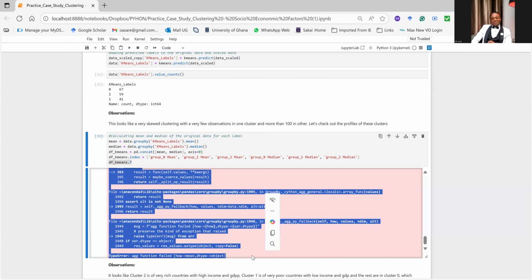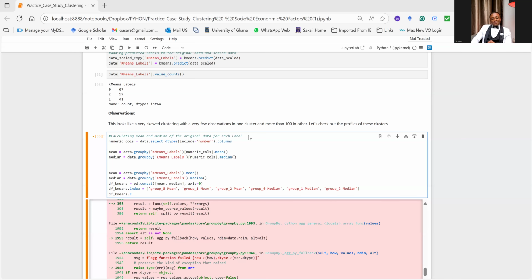What it simply means is that the aggregate function to do the calculation is what has failed. So we're going to replace this one here with the one I put on the top. In other words, there are string variables in the original data set and it's not helping us.